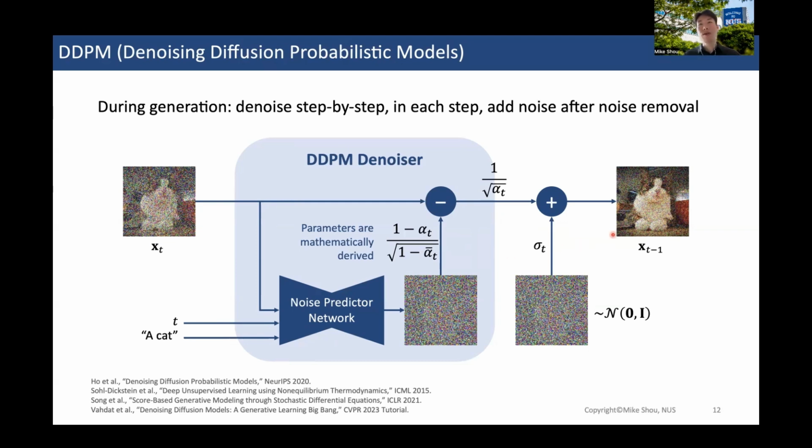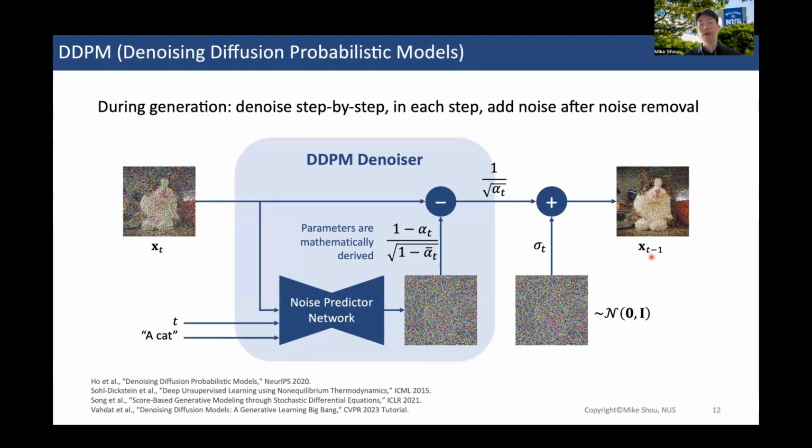So each time step only removes a small amount of noise. More precisely, after subtracting the noise predicted by the noise predictor network, we further randomly sample some Gaussian noise to add on to the output. This is what it looks like from XT to XT minus 1.